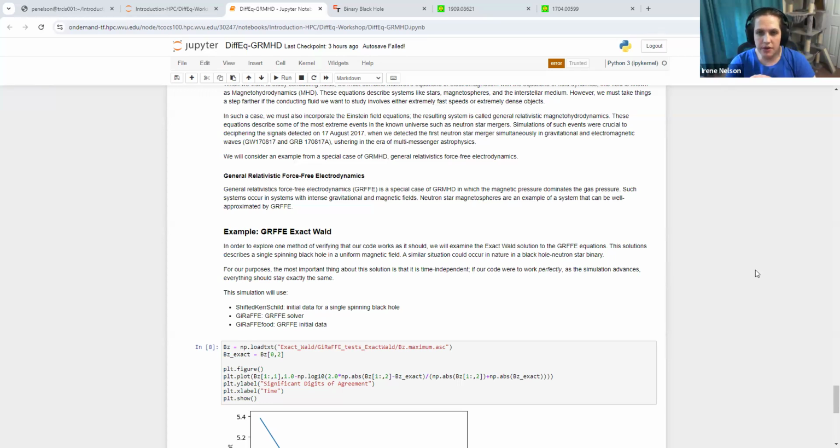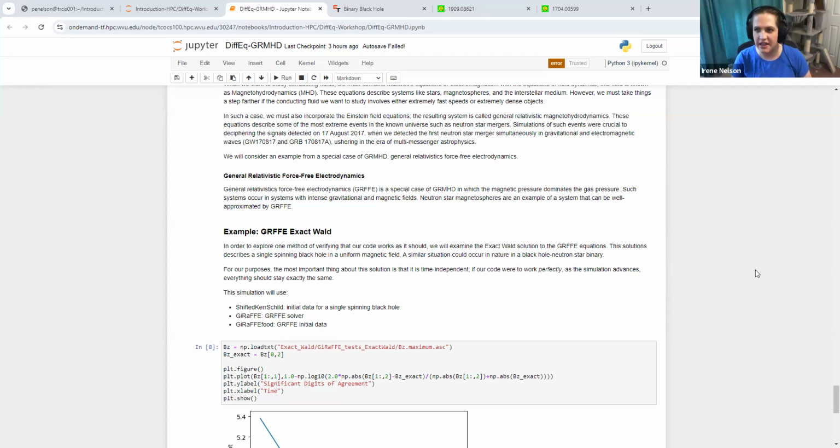The reason we can use this case to show that our code behaves the way we hope it does is that this solution is time independent. If our code were to work perfectly, as the simulation advances, all of the quantities, all the grid functions in the simulation, would stay exactly the same.